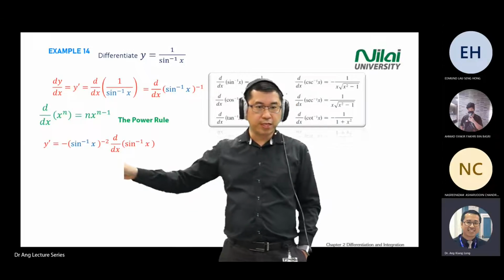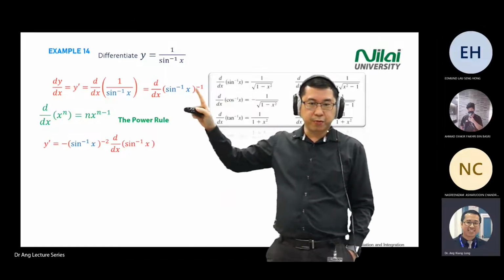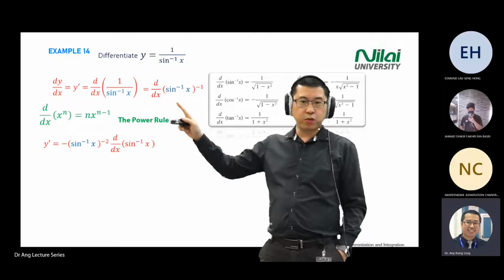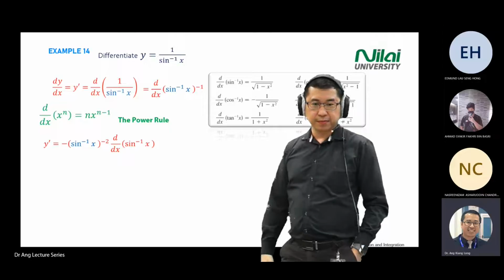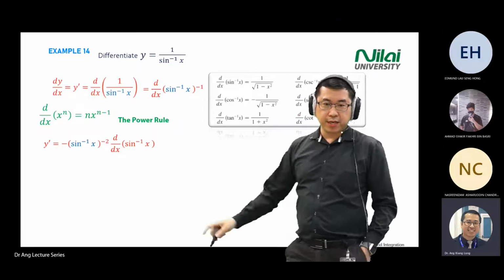Okay, you'll get this equation. After that, since you are differentiating something with a bracket and an x inside there, you need to continue to differentiate what is inside there. Okay, I repeat. This one, just a recall, I think you learned this one before already.